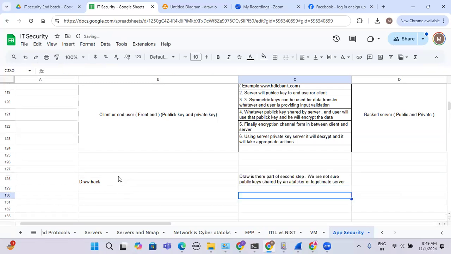If you want to eliminate the drawback of who is sending the key, we can use digital certificates or SSL/TLS certificates.